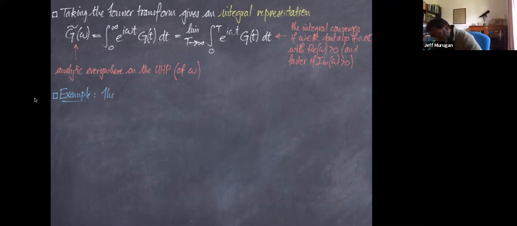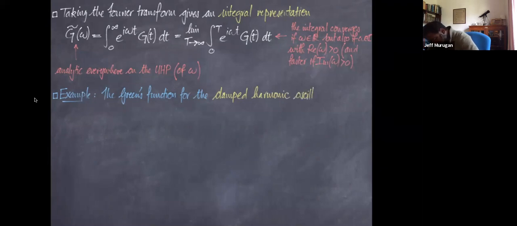Okay, so the Green's function for the damped harmonic oscillator with damping coefficient gamma and natural frequency capital omega is given by the following.